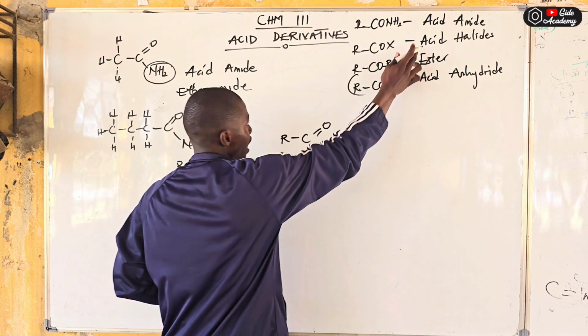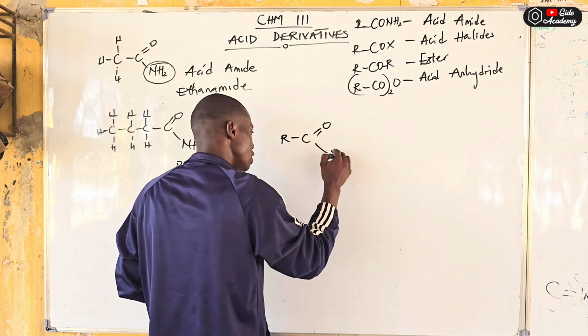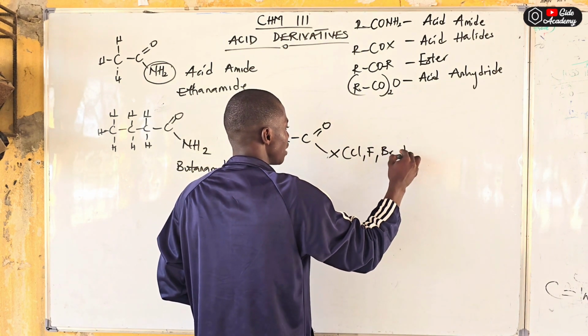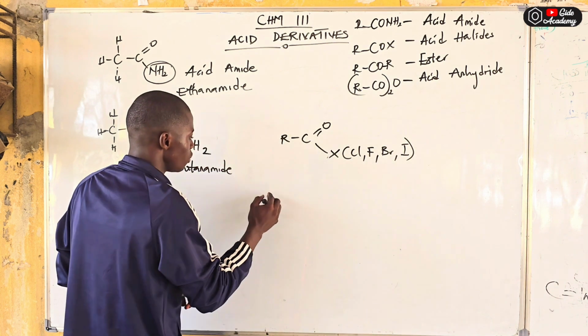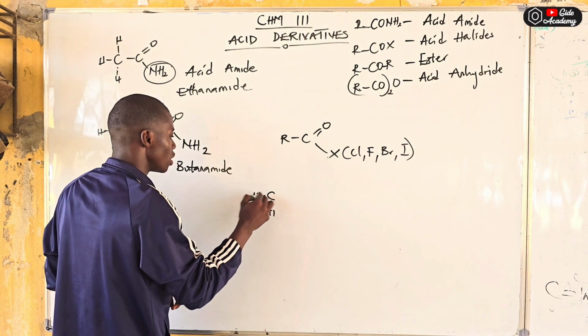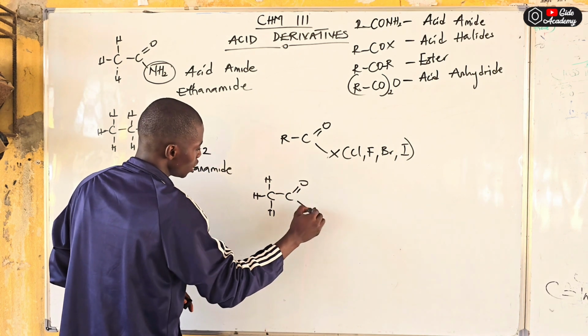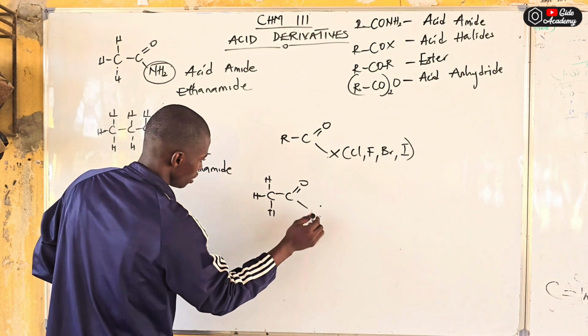What if you have R, C, O, and here is X? We refer to this as acid halide. Please remember, the X can be chlorine, can be fluorine, can be bromine, and can be iodine. So if you have 1, 2, 3, 4, let me put X here first.